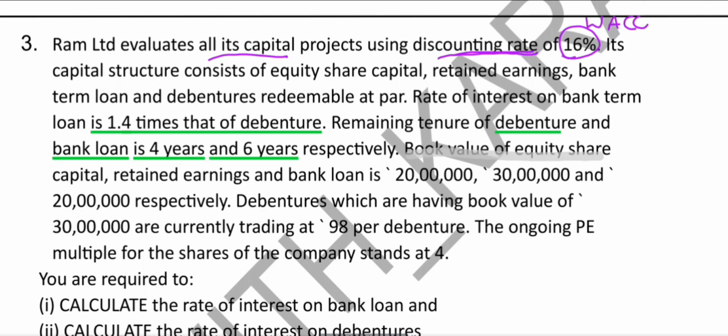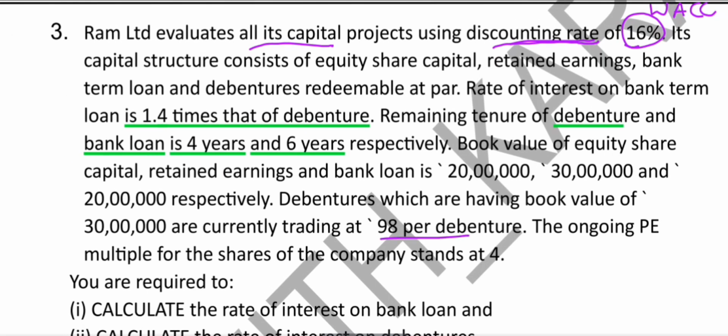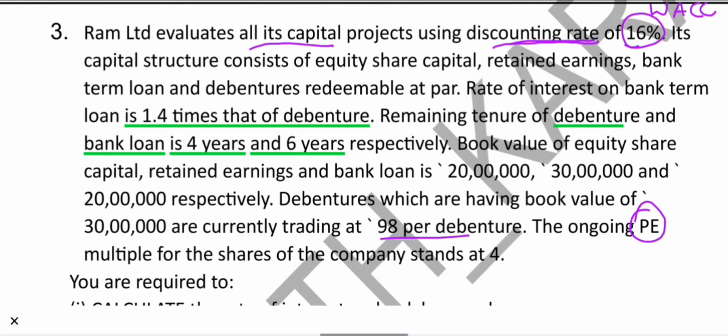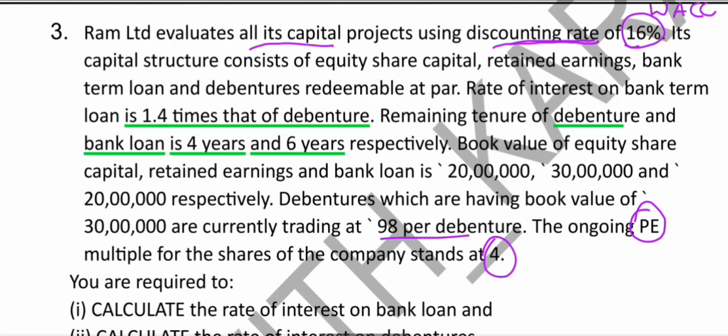Then they have given that the book value of equity, retained earnings and bank loan is 20 lakh, 30 lakh and 20 lakh respectively. Debentures having a book value of 30 lakh are currently trading at 98 per debenture, and the ongoing PE multiple for the shares of the company stands at 4.